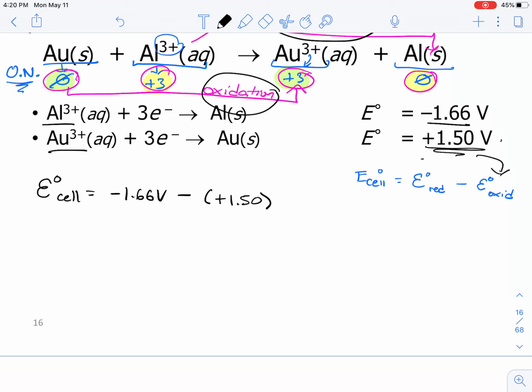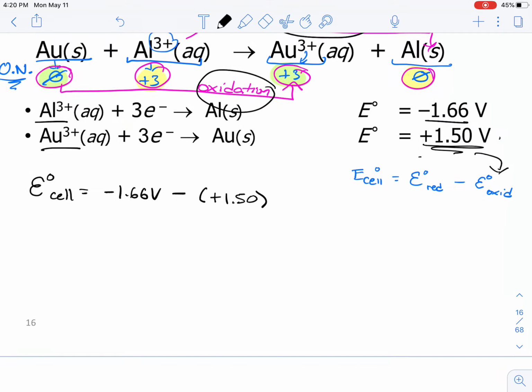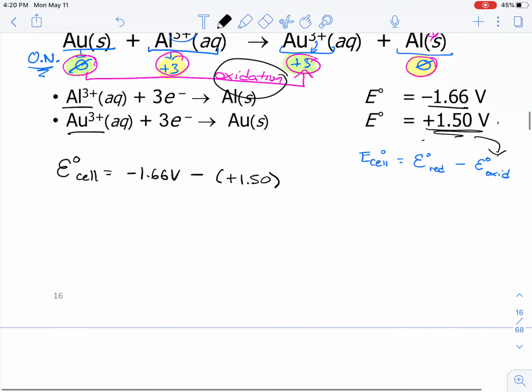And if we take the difference between these two, so we have negative 1.66 minus 1.5, that's going to give us negative 3.16 volts. And so the overall standard cell potential is going to be negative 3.16 volts.